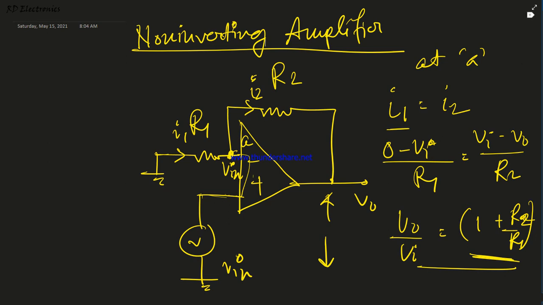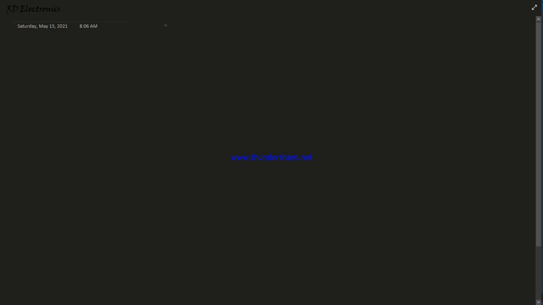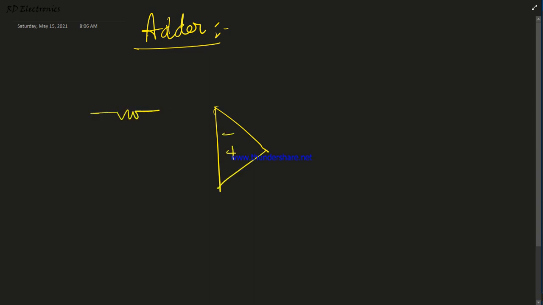Okay. Now, next, we discuss the OpAmp adder. This is not a real adder. This is an application of an analog adder circuit. Here we apply 3 resistances and 1 feedback resistance.